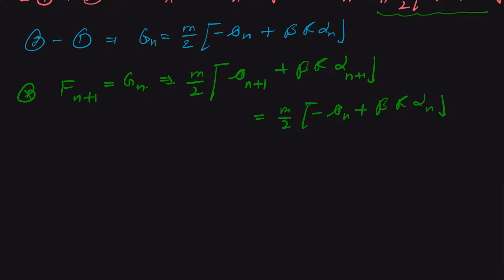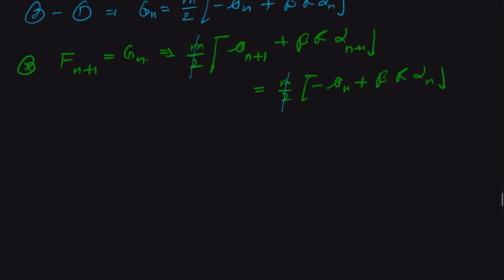And here m by 2 cancels out. Okay, so we are left with only a n plus 1 plus beta r alpha n plus 1 is equal to minus a of n plus beta r alpha of n.